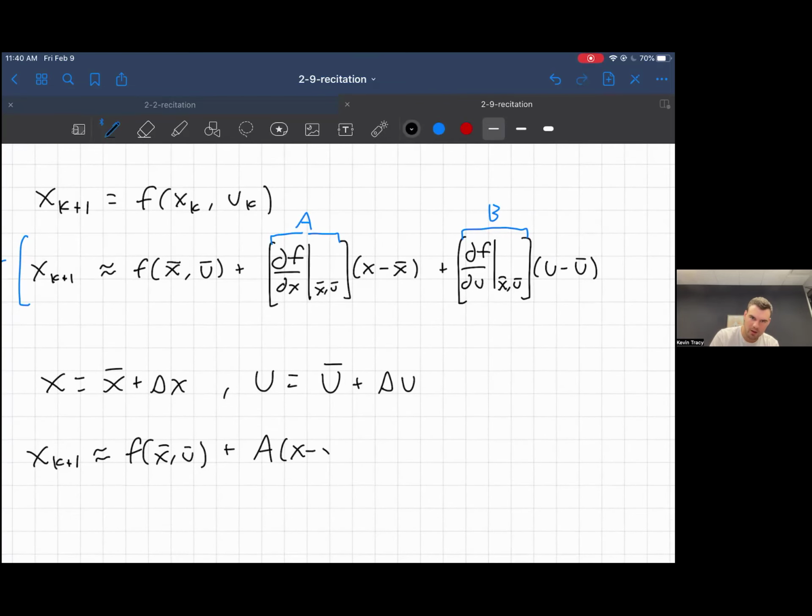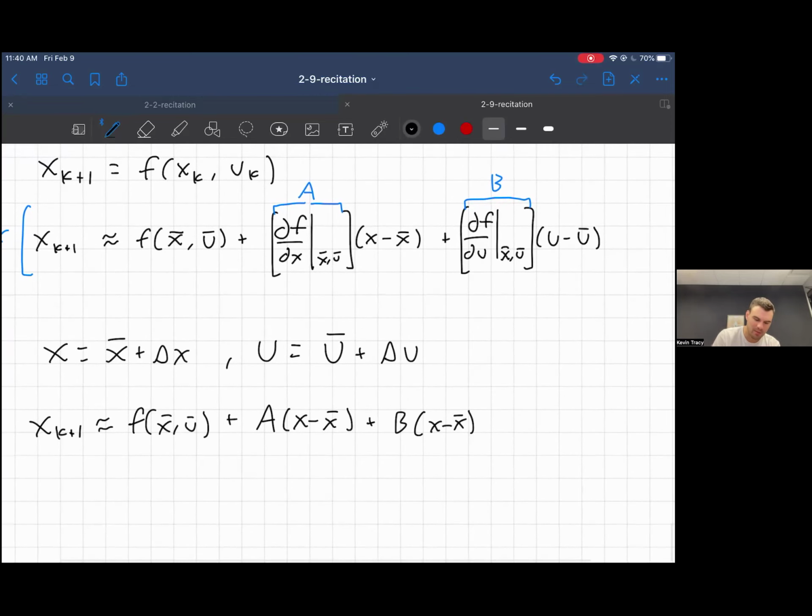A times x minus x bar plus B times u minus u bar. Now, if I substitute in my own stuff, what I see is, so I just replace everything with the deltas.